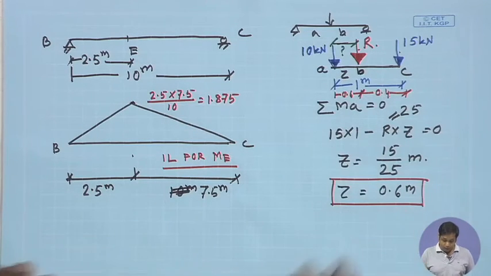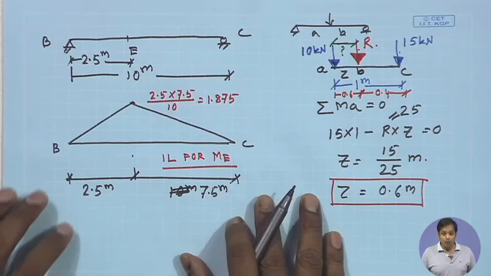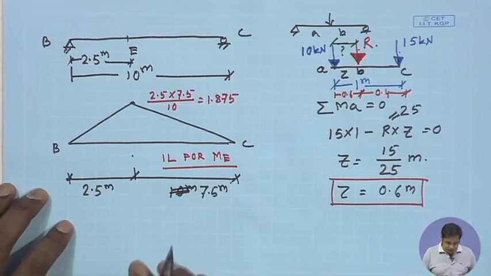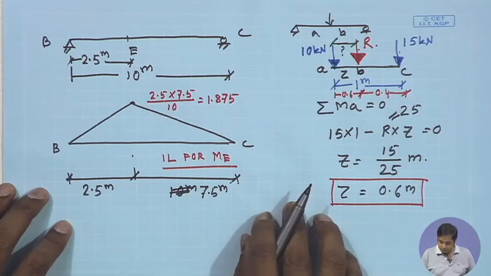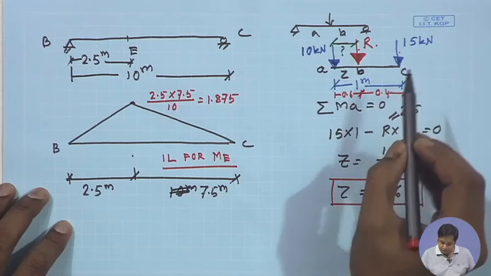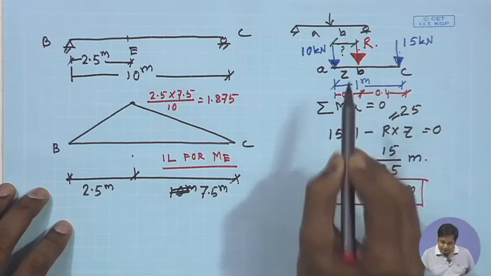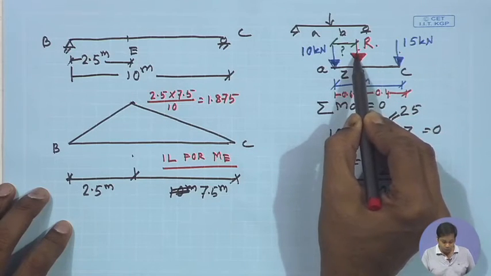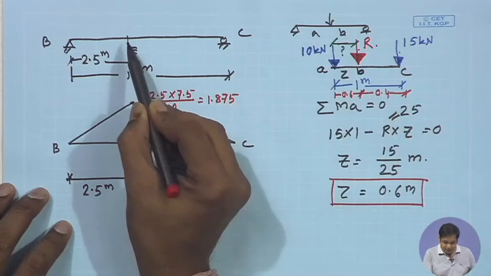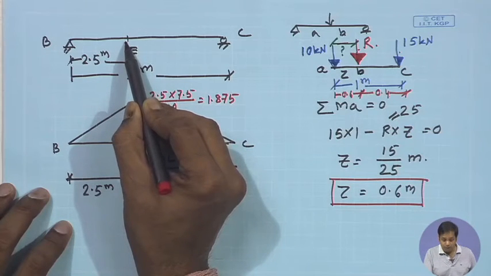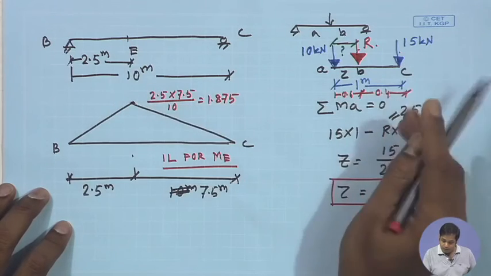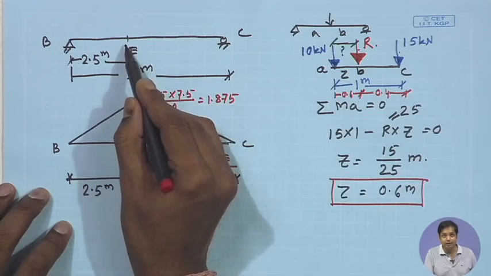Okay. Now, what was the condition? The condition is that we need to place the load in such a way that the resultant R should be at a distance d/2 from E. Okay.